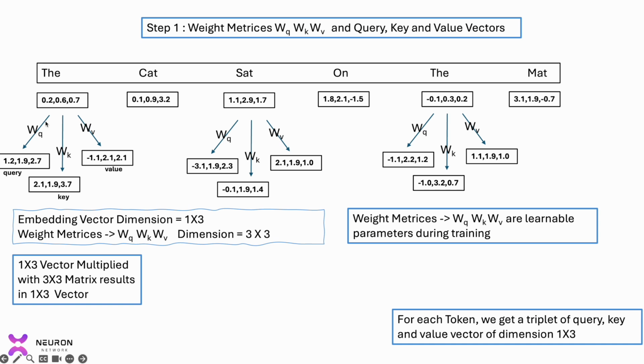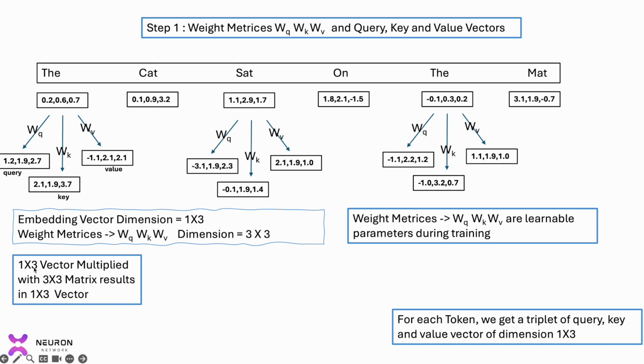The first thing we are doing is using these WQ, WK and WV matrices to create our query, key and value triplet for each of our tokens, okay? So "the" was represented as 0.2, 0.6 and 0.7. We multiplied this 0.2, 0.6, 0.7 with the WQ matrix. It's a vector and a matrix getting multiplied.